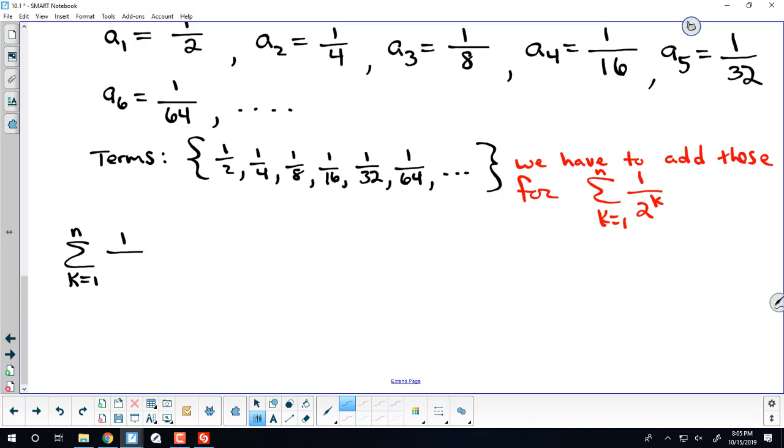So this sum is 1/2 plus 1/4 plus 1/8, a 16th, and so forth.